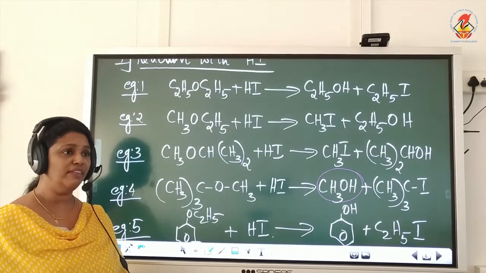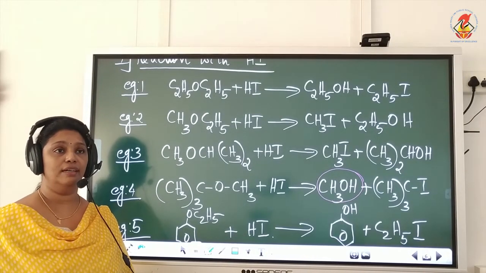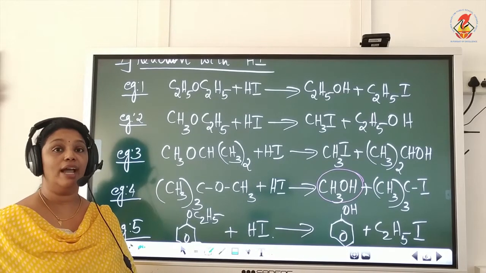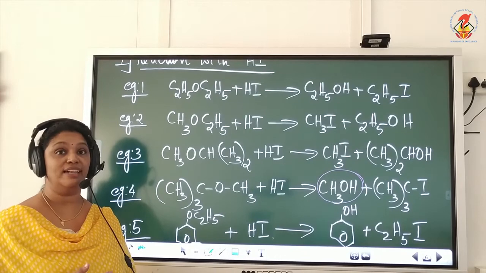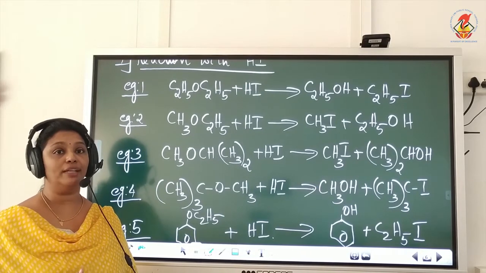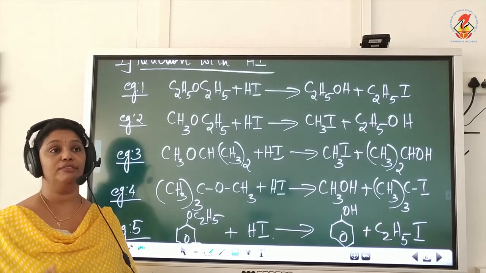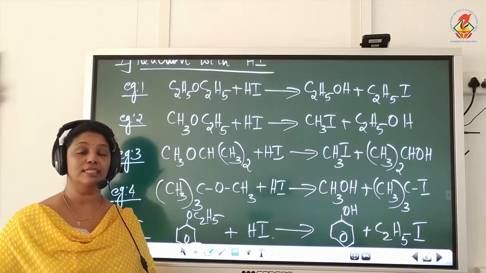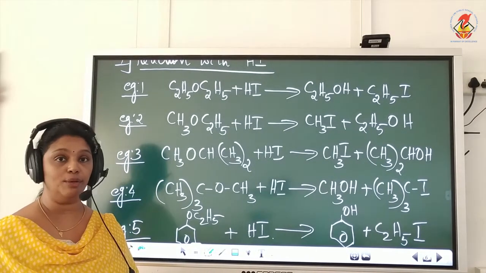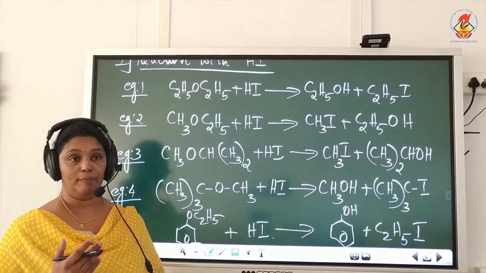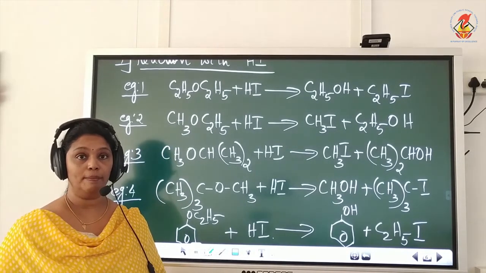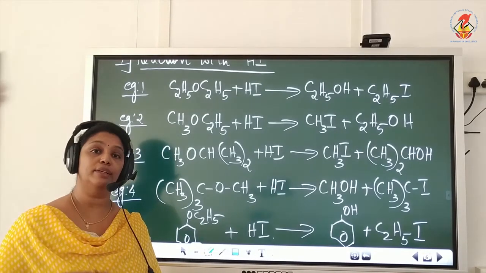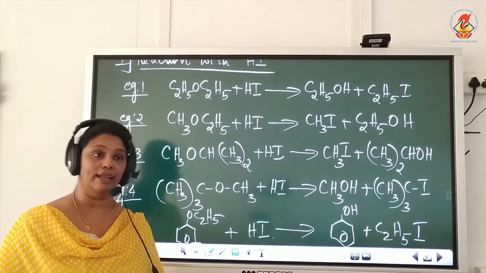So, whenever the products are to be written for an ether with hydrogen iodide, if it's an unsymmetrical ether, we should check the alkyl groups present. If the alkyl group is primary or secondary, it will go as alcohol and the lower alkyl group goes as alkyl halide.